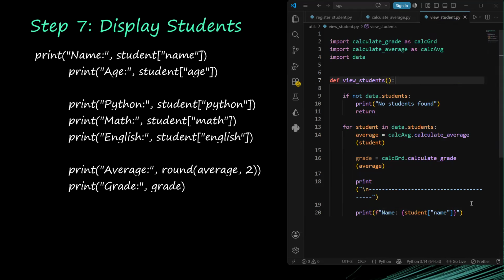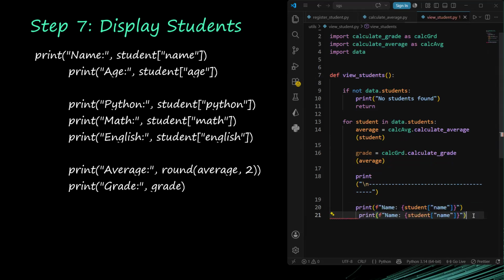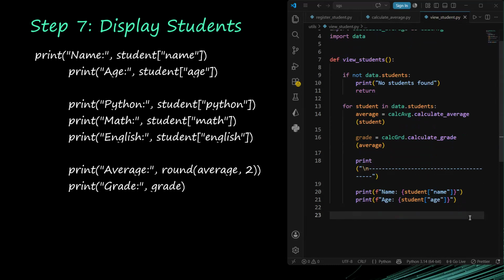We'll still need to print age. We'll print the student's age, and sorry, this will be age, and the key here is age. Then we want to print the student's Python score.